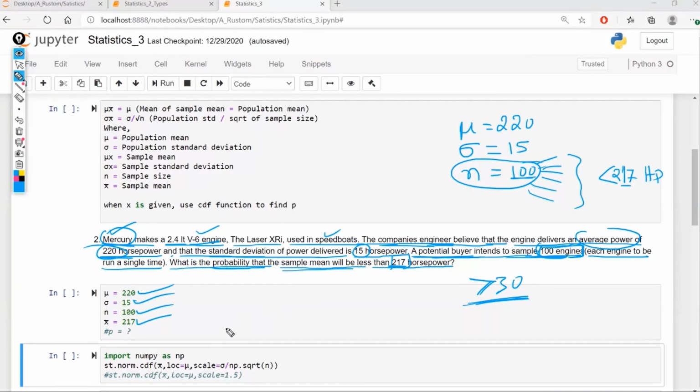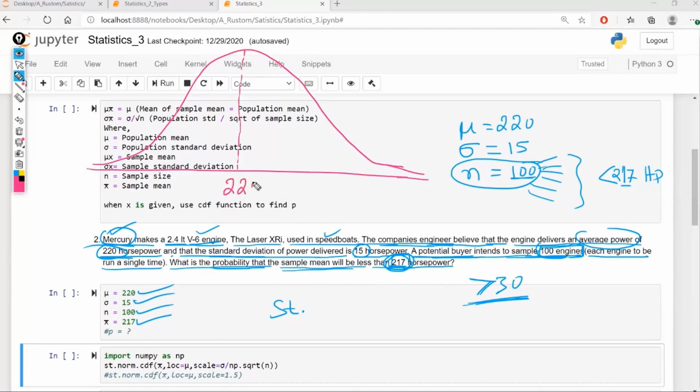Again, we are falling back onto the same kind of formula with a little tweak in it. X is given here, and again I'm going to use st. First, let's plot the distribution. This is how the distribution looks. The mean, he says, is 220 horsepower.